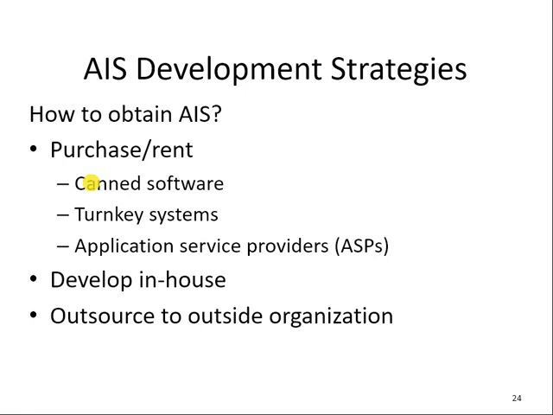Canned software is, in simple words, a universal version of the software. It's sold on the open market to a broad range of users with similar requirements. So if you don't have special needs, the canned software is going to work for you.